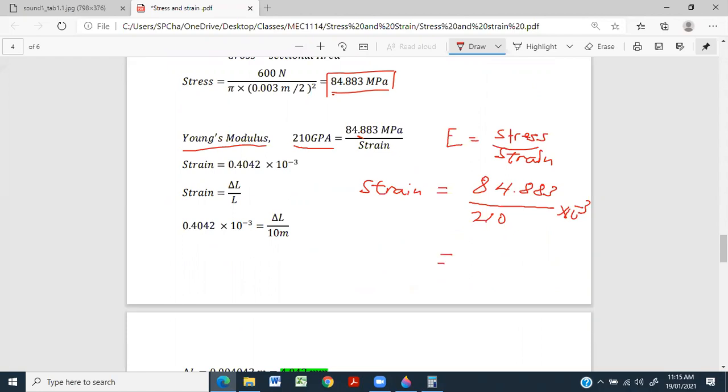When I plug this into the calculator, we have 0.4042 times 10 to the minus 3 as the strain.